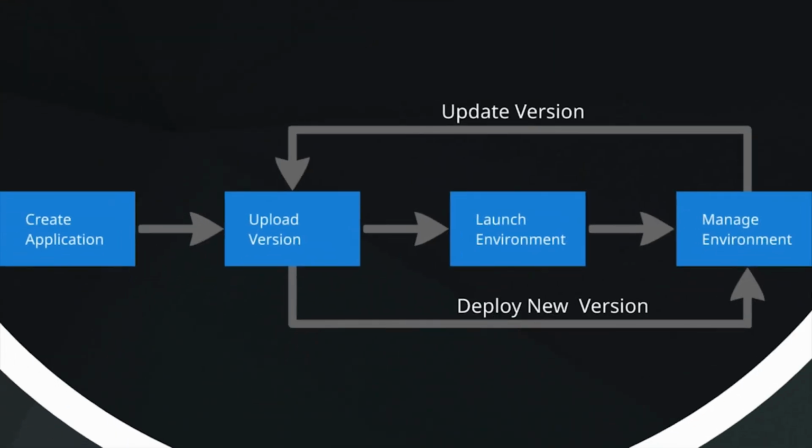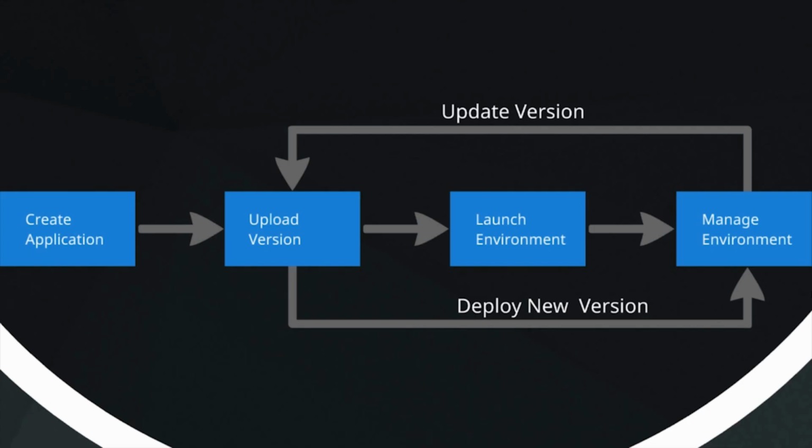The Elastic Beanstalk process starts with us going through an application creation process where we will first upload a version of our software or our code or whatever it is. And then Elastic Beanstalk will launch an environment, and that will consist of EC2 instances, or it could be a single EC2 instance. It could be a multi-AZ environment, but we define that for Elastic Beanstalk and it will do that automatically for us.